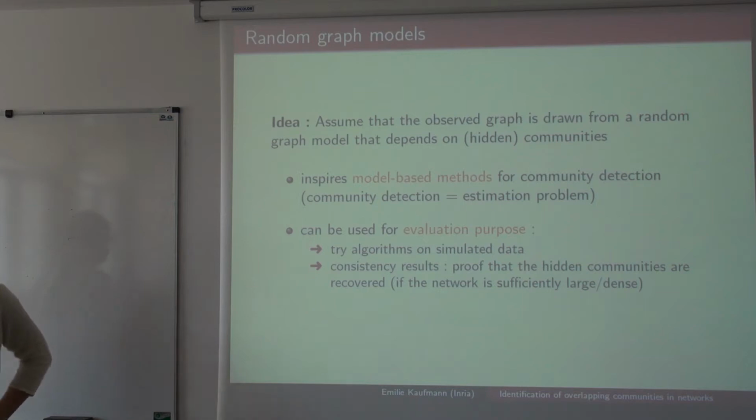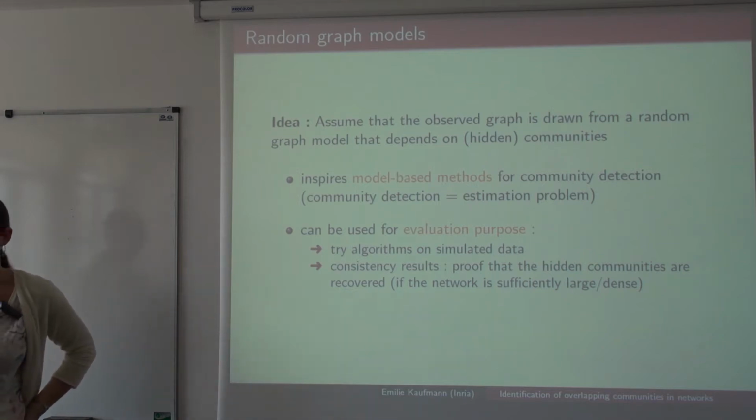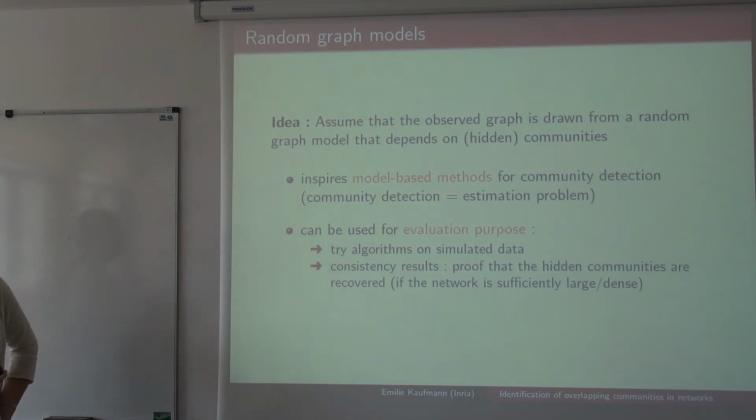This assumption can inspire some algorithms to do community detection that are therefore called model-based methods. In other words, you see the community detection problem as an estimation problem in a random graph model. For example, you could use tools from statistics like maximum likelihood, which is not what we are going to do. But the model can inspire some algorithm.